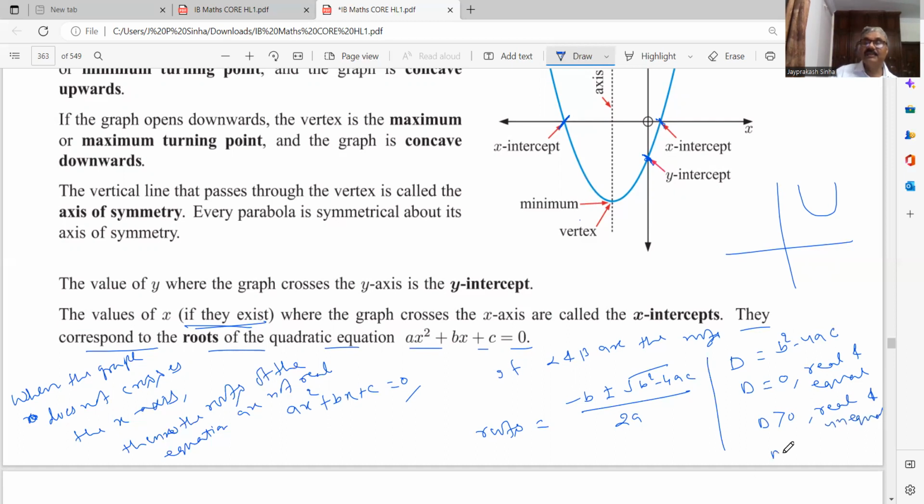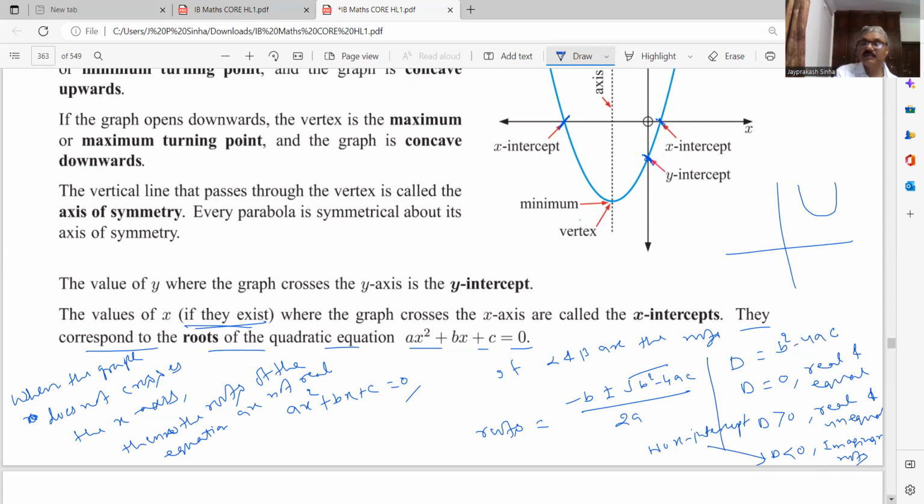And if D is less than 0, then not real, meaning imaginary roots. So this is the case when there is no x-intercept. Correct?